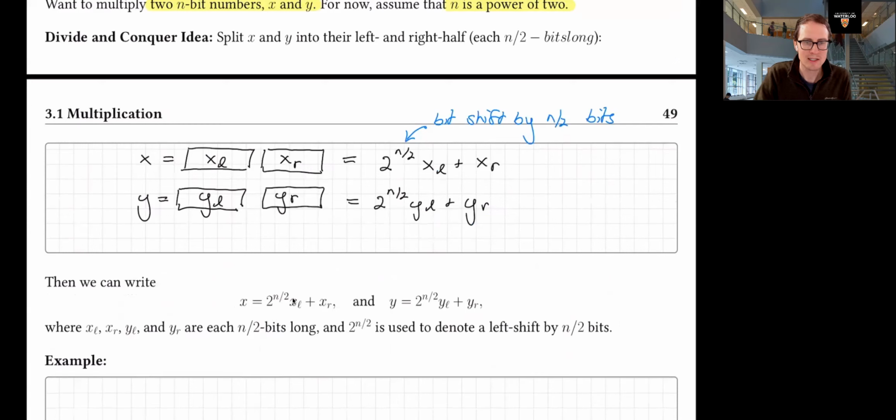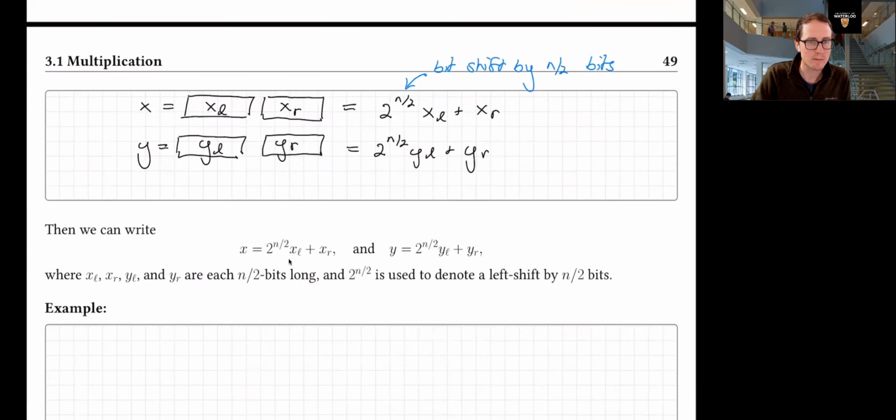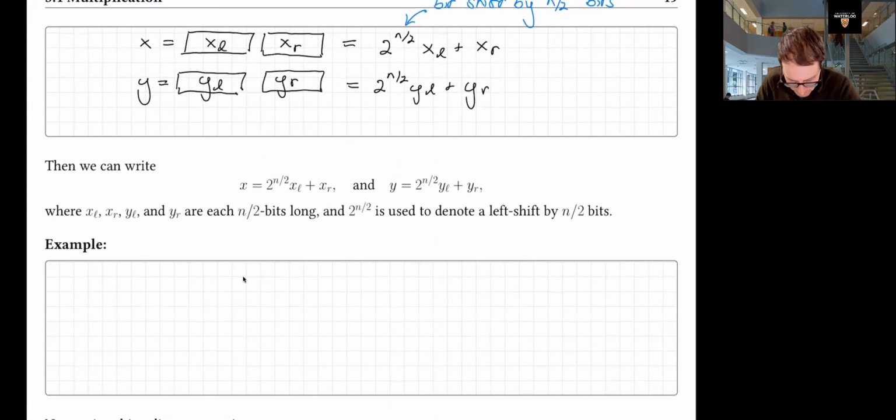X can be written as the leftmost n/2 bits shifted over, plus the rightmost n/2 bits. And each of these numbers, x left and x right, are n/2 bits long. So let me just give you an example.